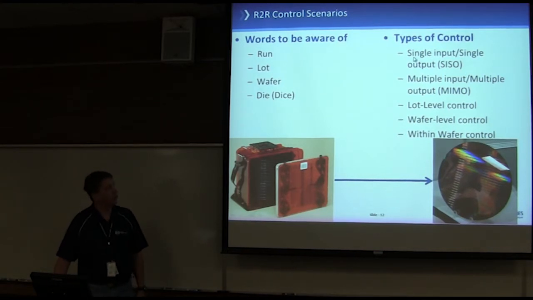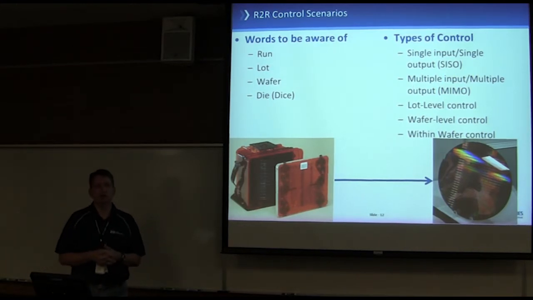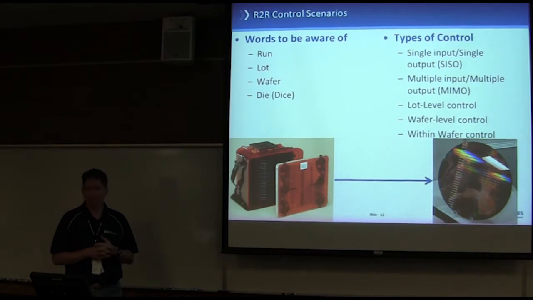And types of control, you may have seen, we'll call them SISO, which is a single input, single output control. Typically we use that in EWMA, or exponentially weighted moving average control that you may have seen. You'll have a signal coming out, you have a lambda or a weighting factor.